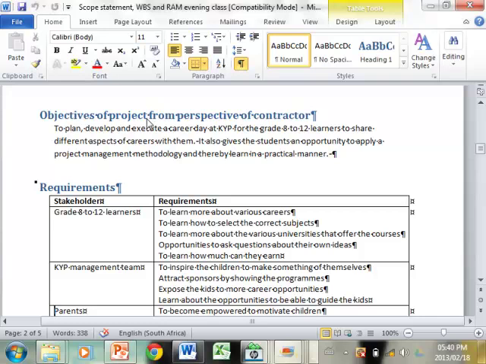Doctor, stop writing. It also gives the students, so that's you guys, an opportunity to apply a project management methodology and thereby learn in a practical manner. All right, so that's what we said the objectives of the project are.